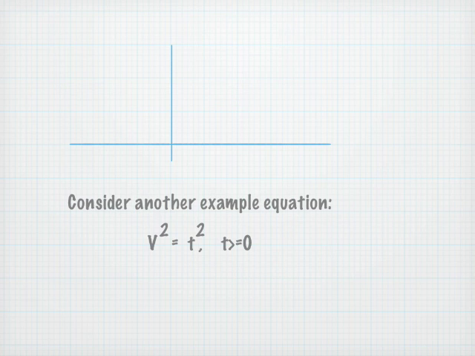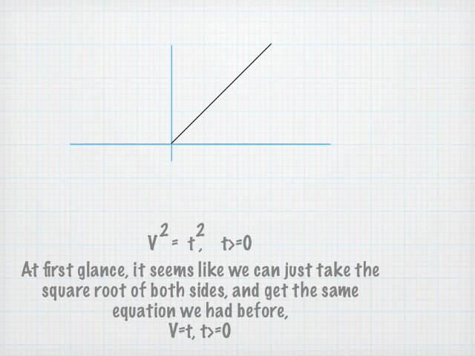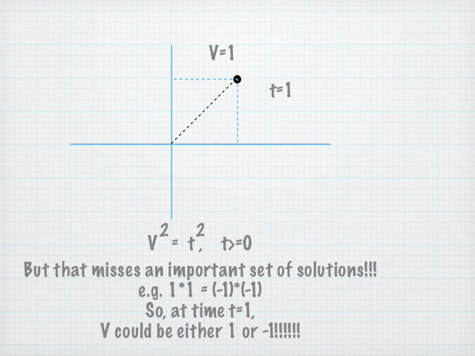All right, let's consider another example equation now. V squared equals t squared. At first glance, it seems we can just take the square root of both sides and get the same equation as before, V equals t. But this would actually be leaving out some important solutions. Yes, at time equals 1 millisecond, the voltage is equal to 1 millivolt, as shown in this figure.